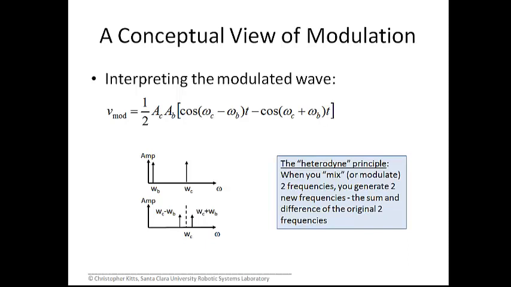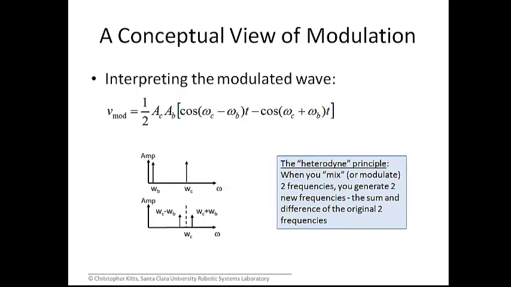So if I look at that wave again, and I think about this wave in terms of a frequency plot, so what's the amplitude of the wave as a function of frequency, you can see on top, there's my initial input. I've got a pure frequency at the baseband frequency and a pure wave at the carrier frequency.